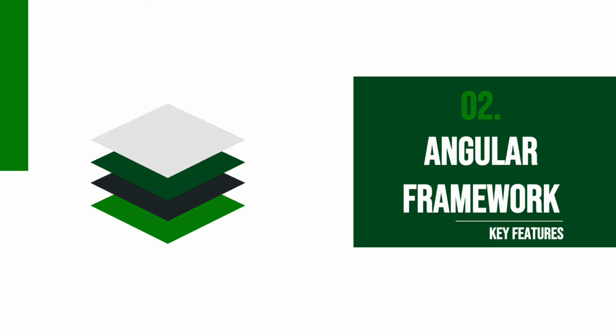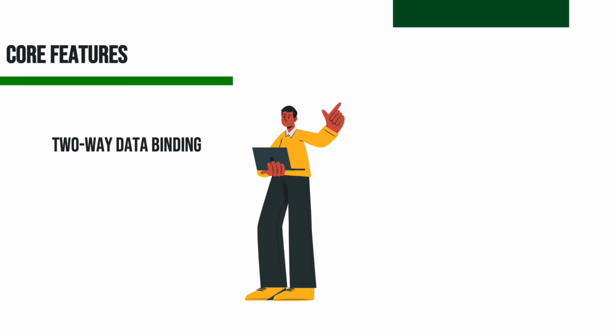Core features of Angular framework. First, we have the two-way data binding. Angular provides a convenient way to keep the data and the UI in sync automatically. Dependency injection. Furthermore, Angular provides a robust dependency injection system which helps manage the dependencies between different components and services.